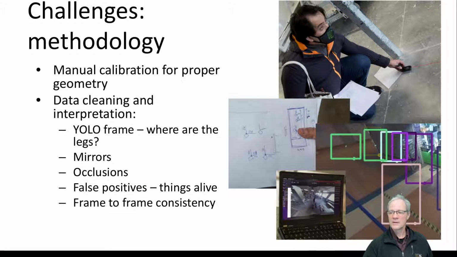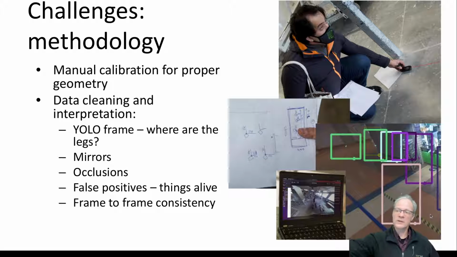All right. And the actual solution, the methodology, had all kinds of issues. For example, when you have these rectangles on the screen, where exactly are the feet for those rectangles, and where are they really touching the floor? That's one question: how to figure it out in a meaningful way. What to do with the mirrors, right?